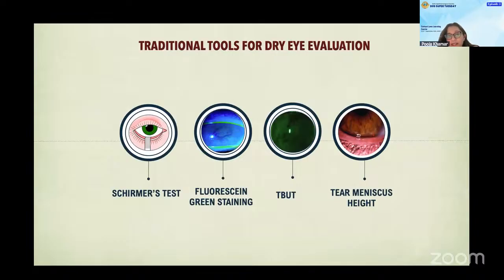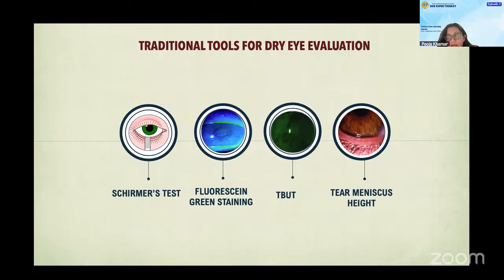Whether we go into advanced tests or not, we have to remember that these four tests are still the gold standard: the Schirmer's test, the fluorescein or lissamine green staining, the TBUT, and the tear meniscus height. We get these on the slit lamp, and if we do them appropriately, as I said, the first step itself tells us what we should be looking at and what the next step should be.